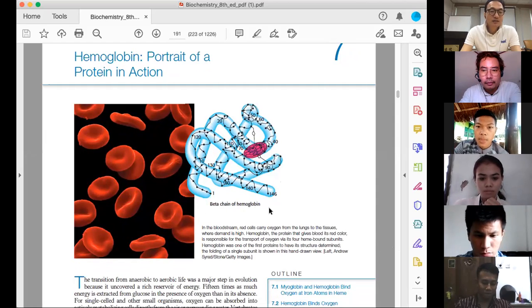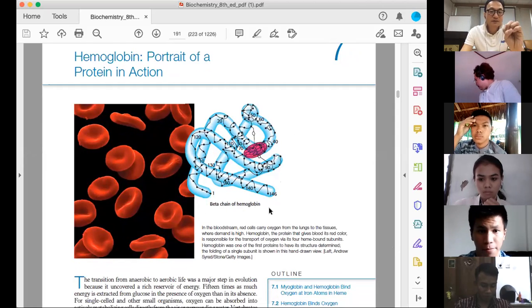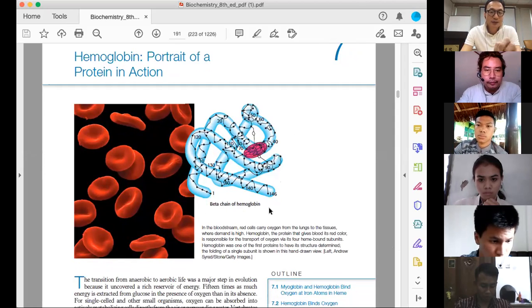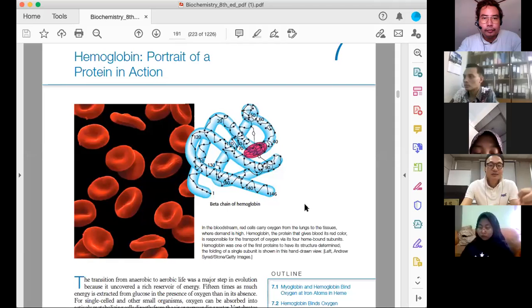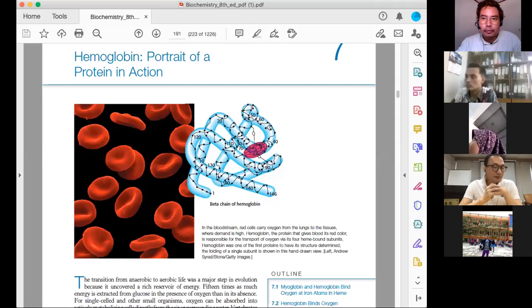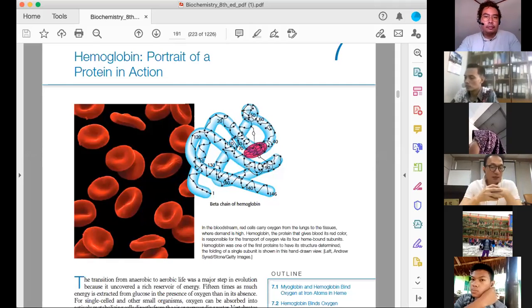The hemoglobin molecule is composed of 4 subunits of similar size: 2 alpha chains and 2 beta chains. So there are 4 structures like this working together to carry oxygen. Okay, so you understand? This is the first thing I want to review.